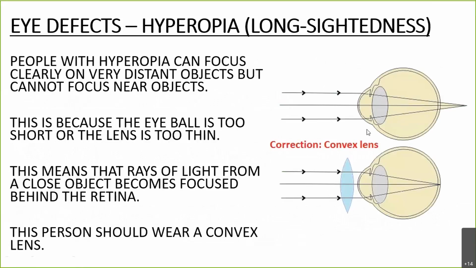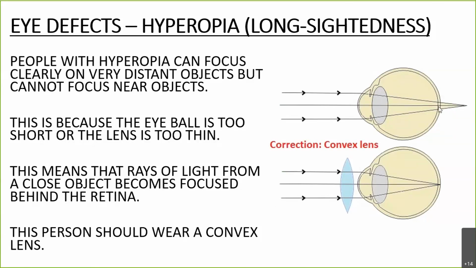Then you probably need glasses. If you can't see close, you're going to tell me in a minute which eye defect you might have. But don't take my word, go get your eyes tested when this is all over.